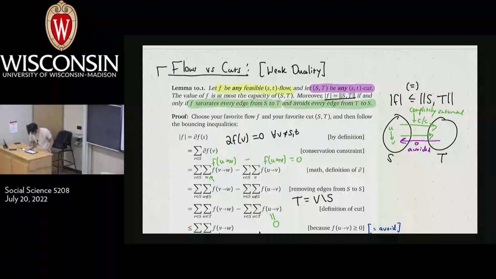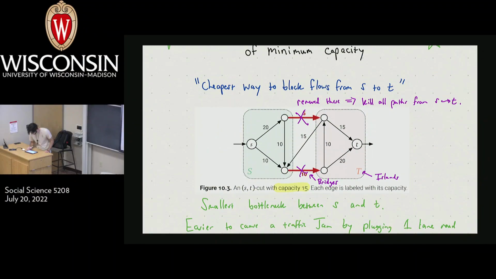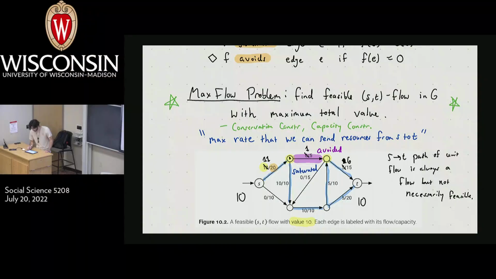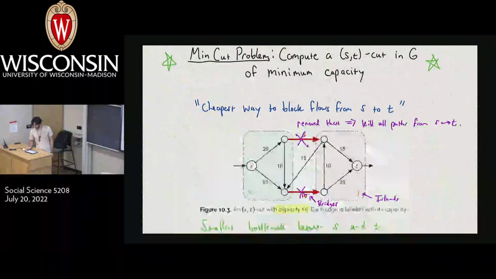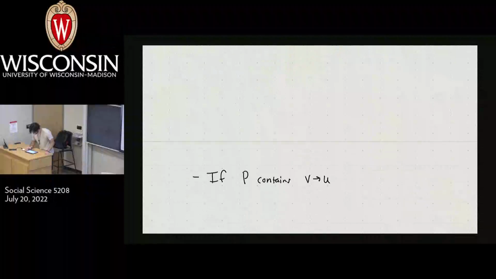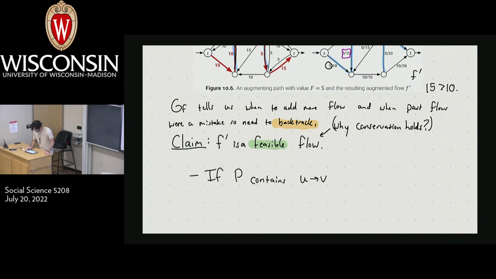It's gone. Here it is. Yeah. So if you have a path, if you just add a path to a flow, conservation holds. It's basically the same idea, but you should think about how to formally prove it. Okay. So let's just assume it's a flow. We want to prove it's feasible.